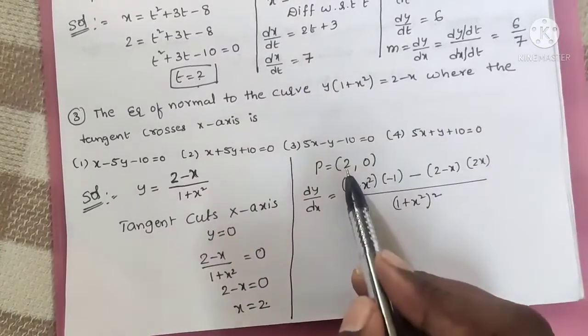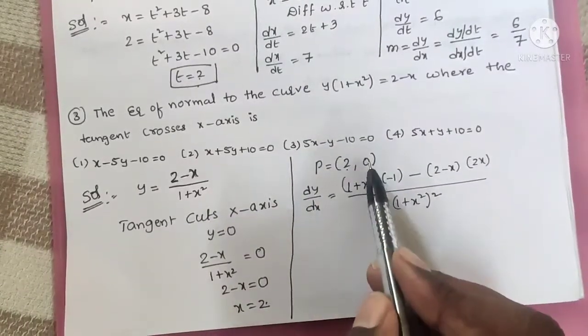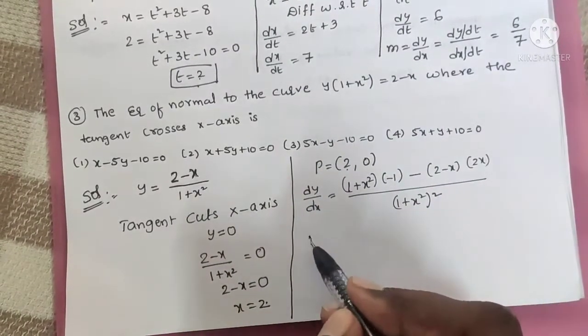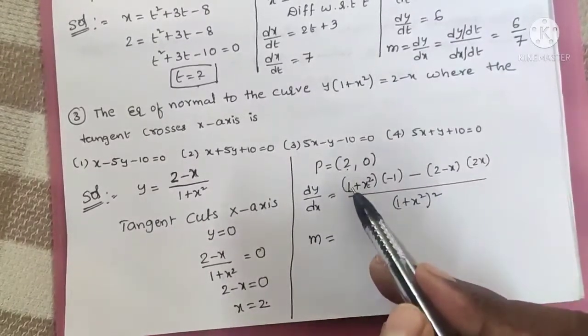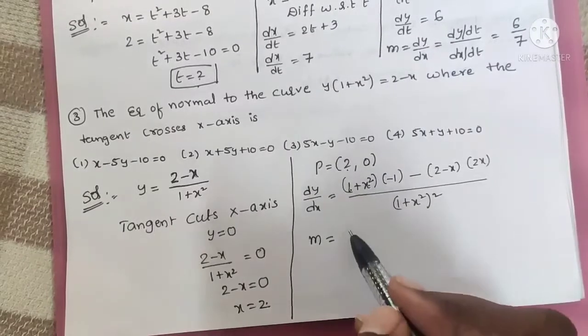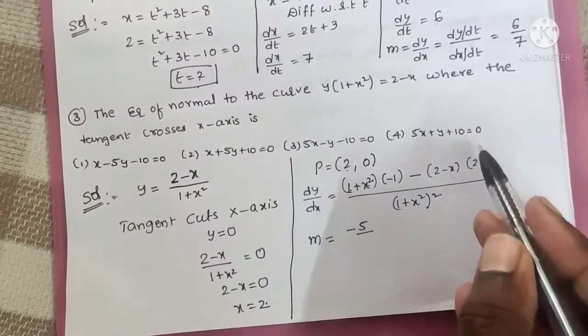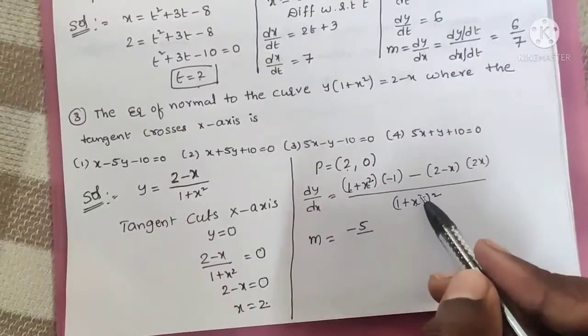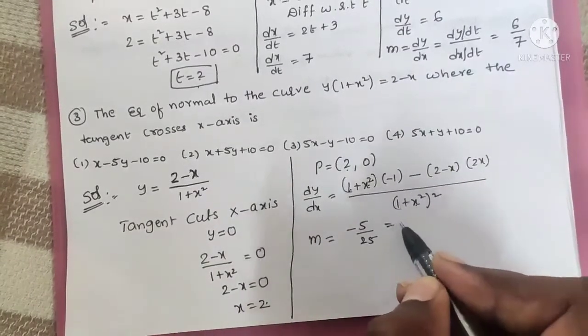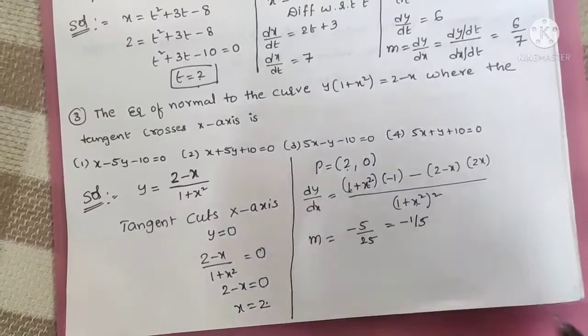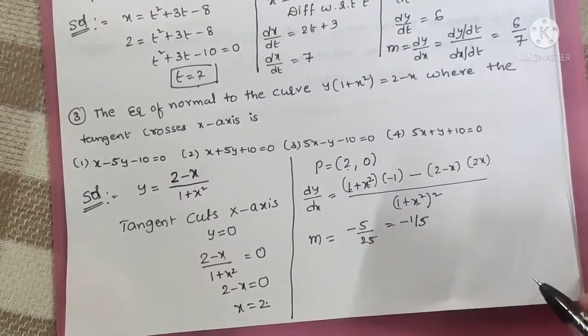But the x value is 2, the y value is 0. Substitute, then m is equal to 2 square 4 plus 1, 5, 5 into minus 1, minus 5 times 0, by 2 square 4 plus 1, 5, 5 square 25. Then minus 1 by 5; we got the slope of the tangent.